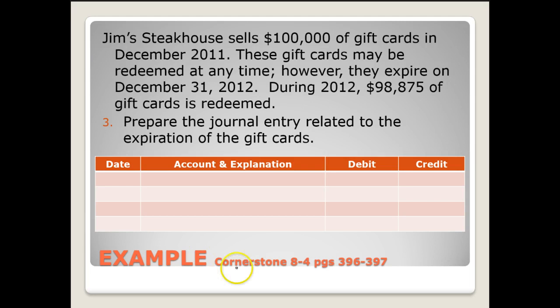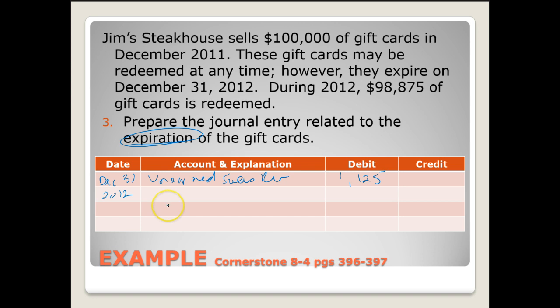Well, it turns out we still have to clear that unearned sales revenue. So we know that on December 31st, 2012, we also need to deal with that $1,125 of gift cards that were expired. Still going to clear unearned sales revenue for that amount.